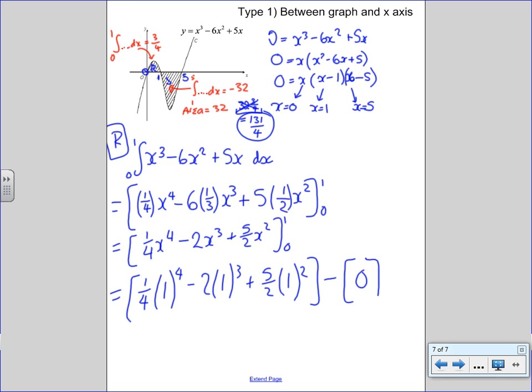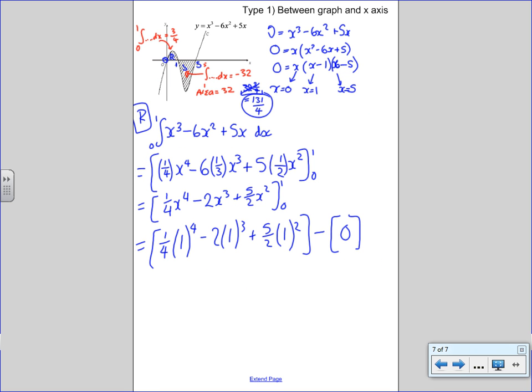Can I just cheat? That's 0, we know that. So that's 1/4, that's 2, and that's 5 over 2, which equals 3/4. Perfect. Hooray.